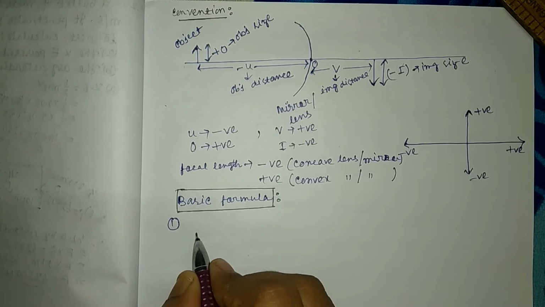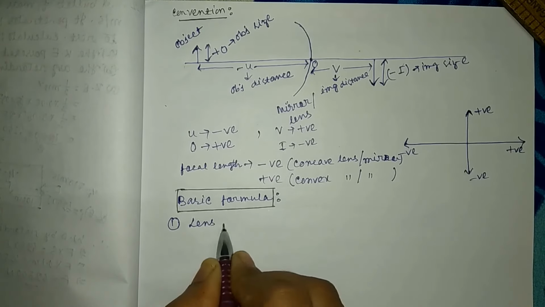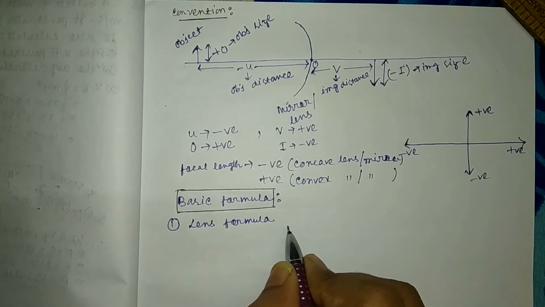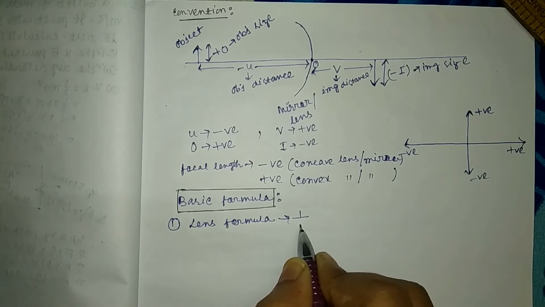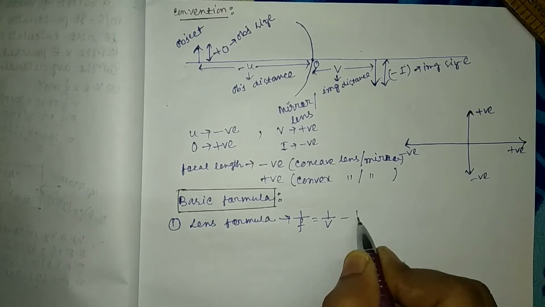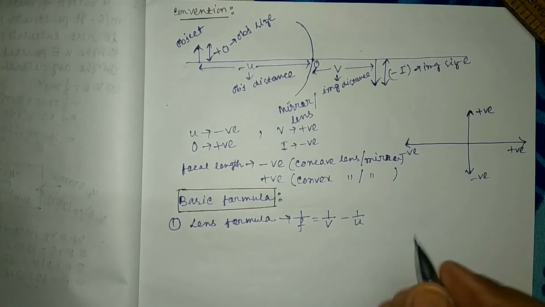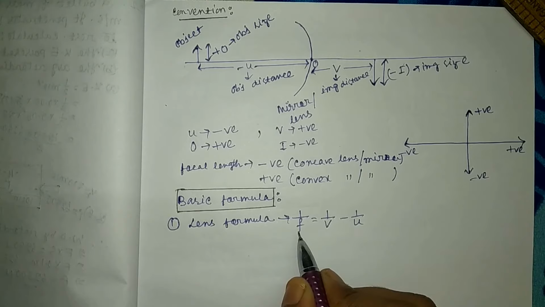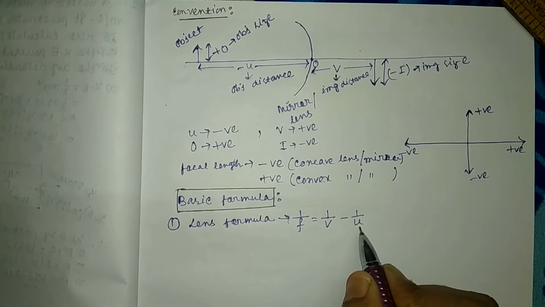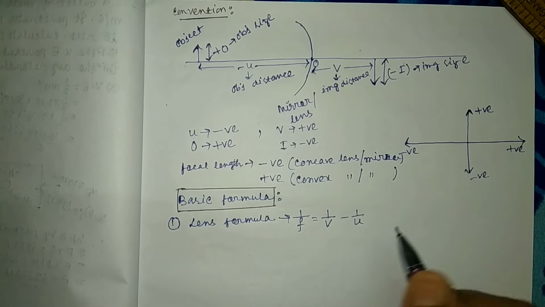At first, lens formula is 1 by f equals 1 by v minus 1 by u, where f equals focal length, v equals image distance, and u equals object distance.